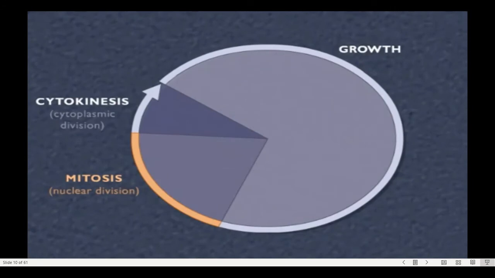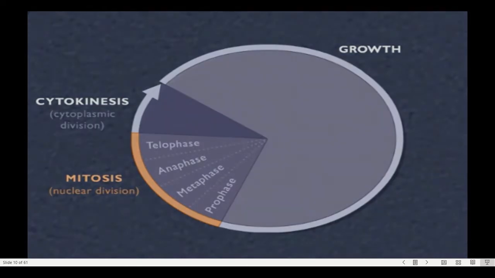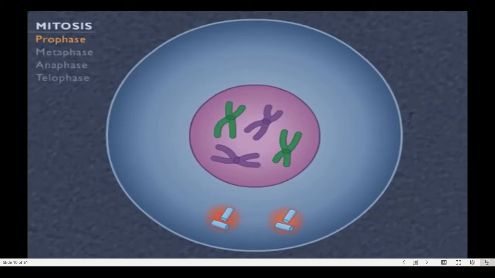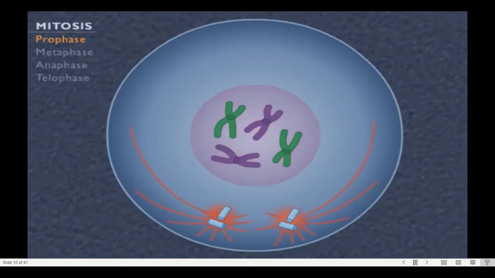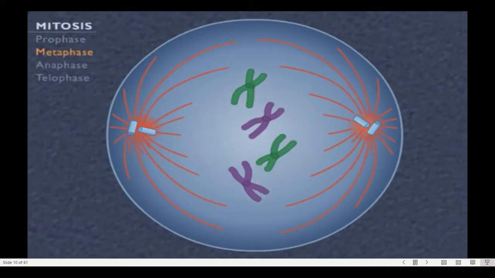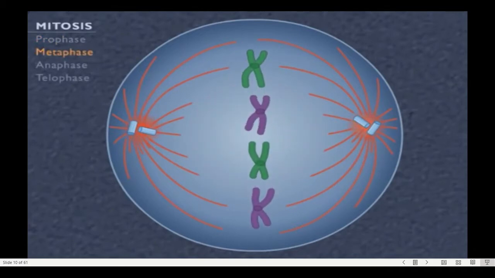Mitosis, or the M phase, has 4 stages: prophase, metaphase, anaphase, and telophase. During prophase, the chromosomes become visible and condense, becoming shorter and thicker. Each identical copy of a single chromosome is called a sister chromatid. The nuclear envelope breaks down and spindle fibers form as microtubules grow out of the centrioles that move to opposite poles of the cell. During metaphase, the double-stranded chromosomes line up along the equator of the cell.